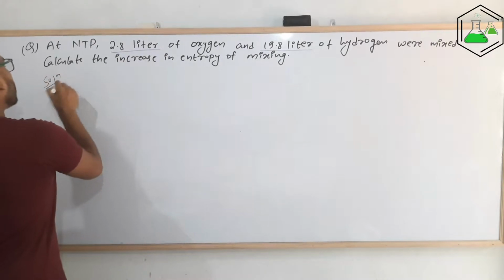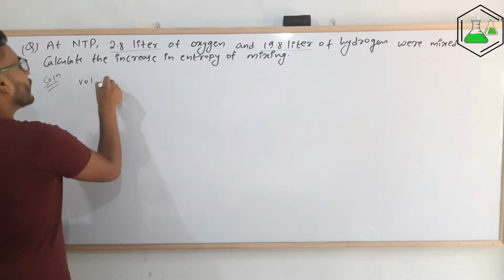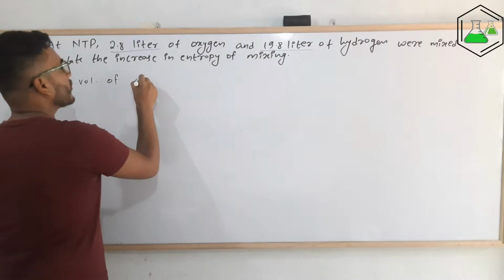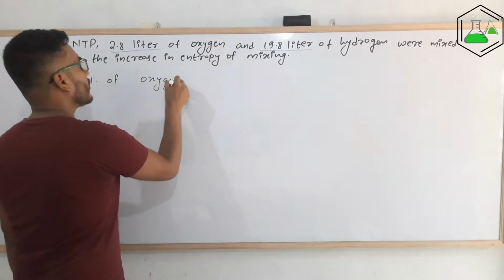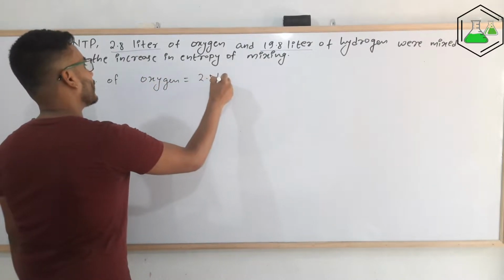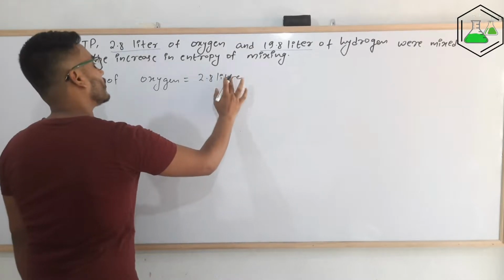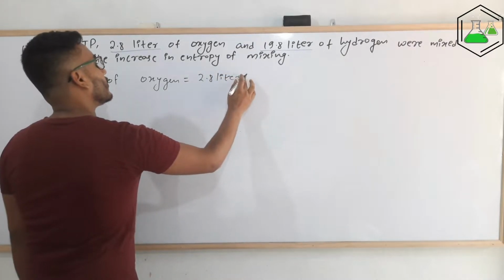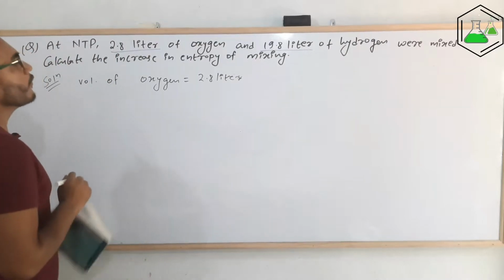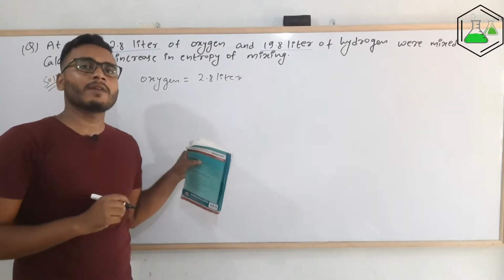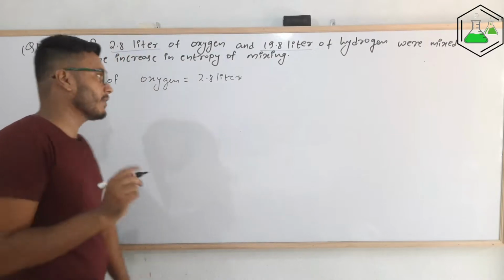Let's see that. Solution, first of all, volume of oxygen is given. How much? 2.8 liter. Now, whenever volume is given, then we can find the value of number of mole of that gas as well.